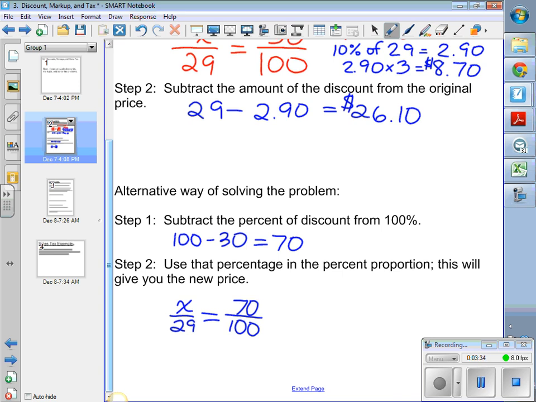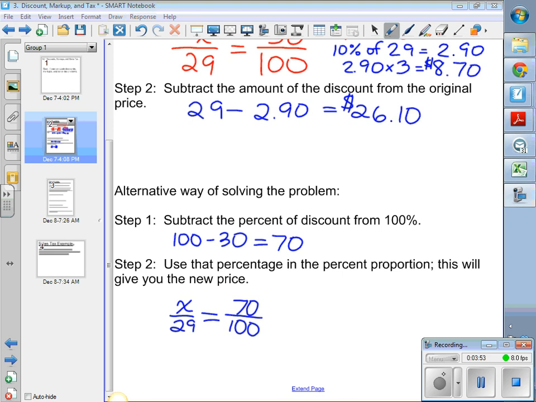I hit something wrong. 29 times 70 divided by 100, I get, hold on one second. Okay, so I got the right answer here. I goofed up top. I subtracted the 2.90, not the 8.70.